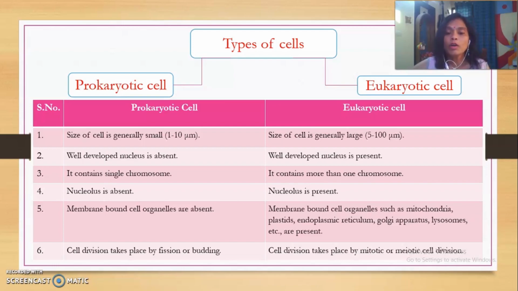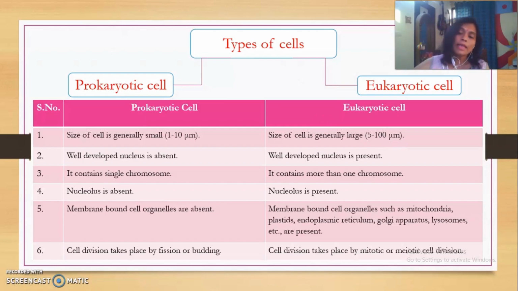Now how is this prokaryotic cell different from the eukaryotic cell? This is very, very important. First of all, differences in terms of their sizes. Here you can see, I have written it down on the screen, that the size of the prokaryotic cell is 1 to 10 micrometers, very, very small, whereas that of the eukaryotic cell is 5 to 100 micrometers.